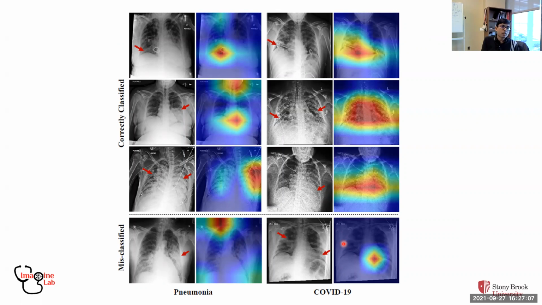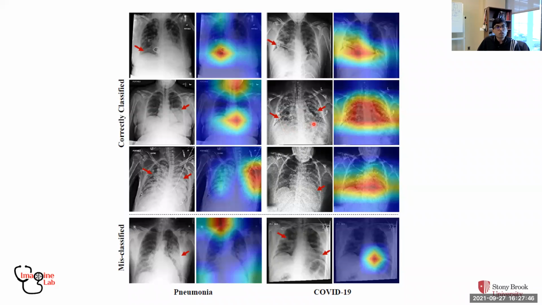Now, the last slide that you see here essentially shows the attention of our deep learning models on the different images. What are the different salient regions that it learns its representations from, and we can clearly see that for the correctly classified cases, the arrows here represent where the COVID infiltrates are, and the heat maps represent where these signals are taken from that the machine thinks is reflective of eventual outcome.